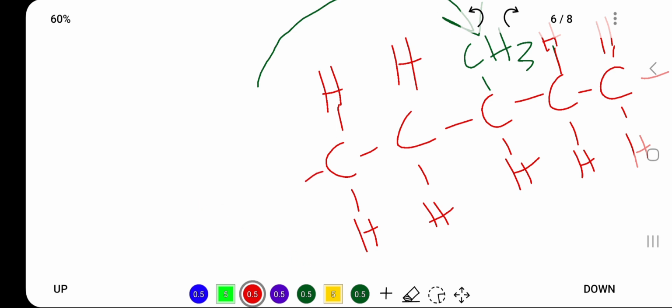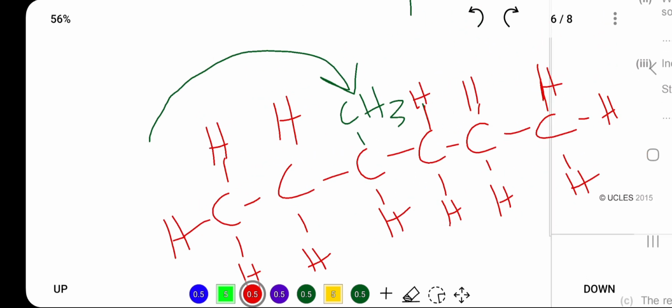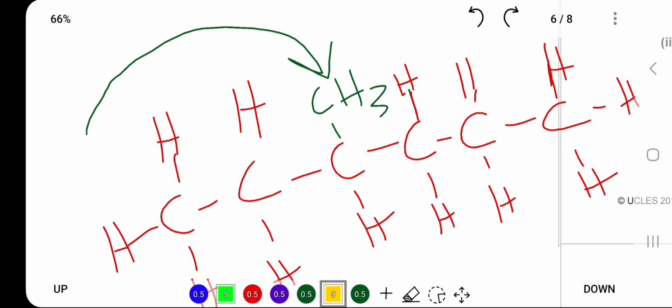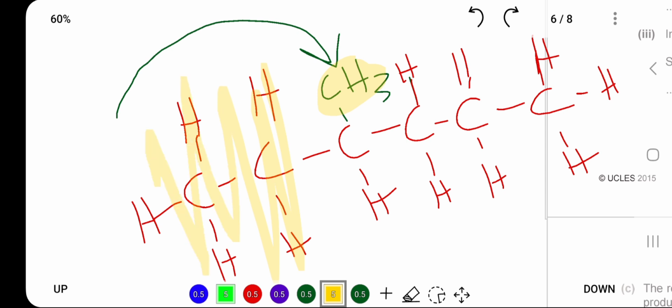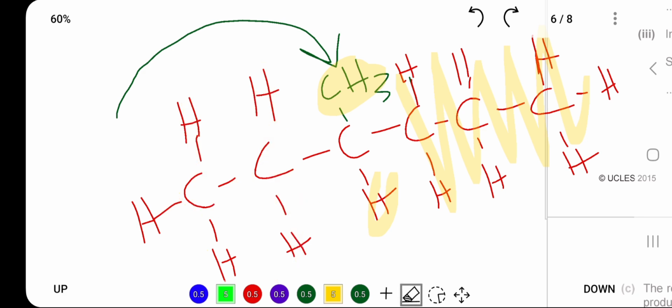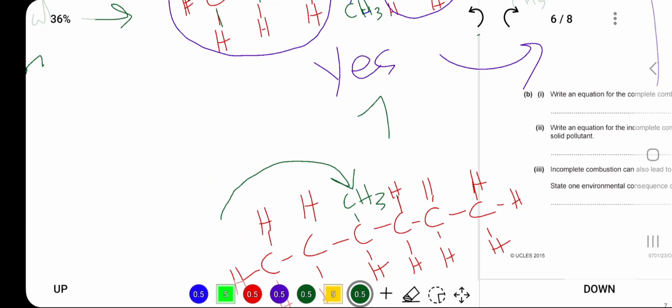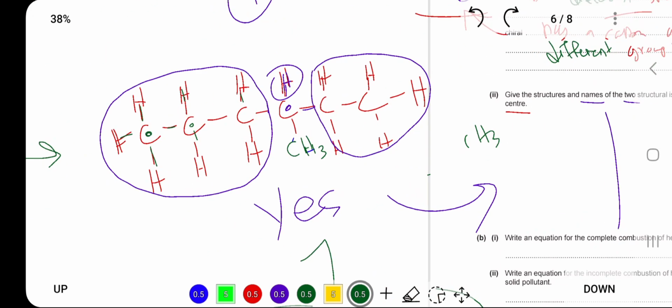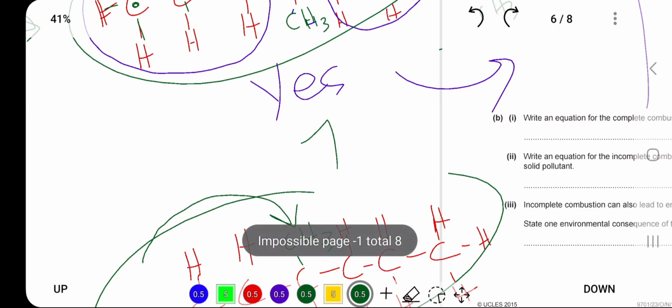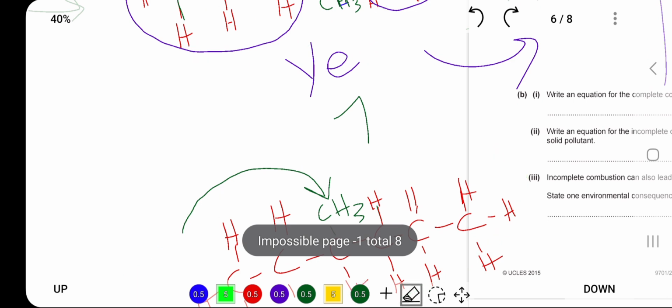You're going to say, yes, I did it. Why? Because this carbon is connected to different groups: 2 carbons here, 3 carbons on the other side, a hydrogen, and CH3, which is actually correct. But hey, you did this before. Why? It's the exact same thing as this. That's why if you draw them 2 times, you will not get the mark for the other one.